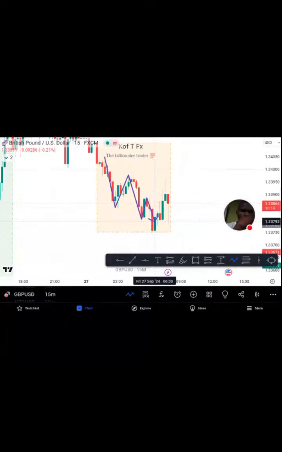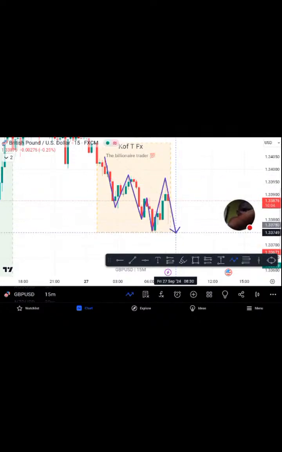So second break of structure, and we have this third. So what we are expecting at this moment is we want to have a break of structure. Then once we have this, we'll be expecting a pullback into the POI, into this area here, and we expect a sell.